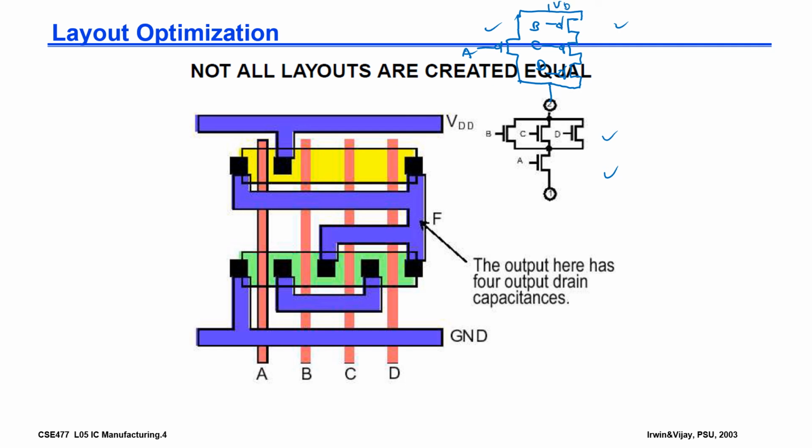And this is VDD up there. If you look at here, the output, this is output F, goes to D and A side. So both should be connected with the output. So A and D contacted.